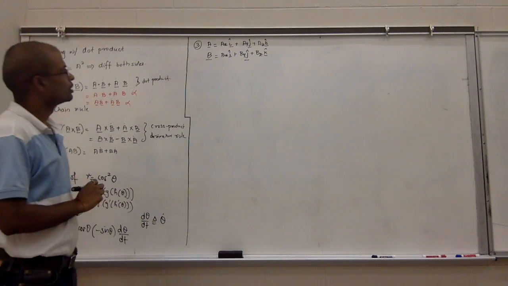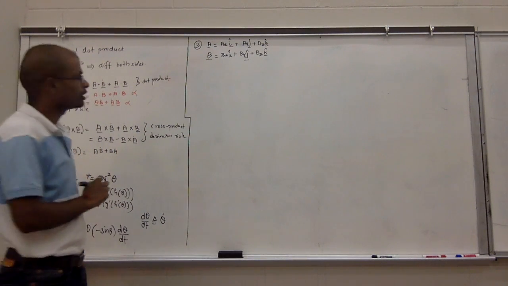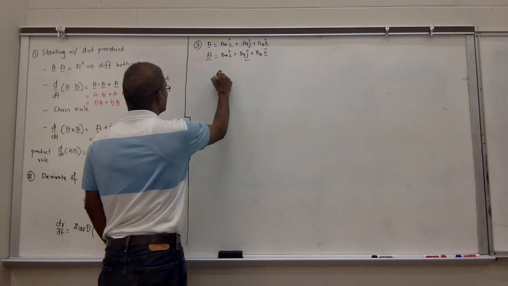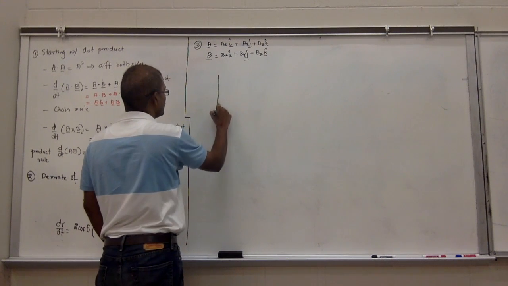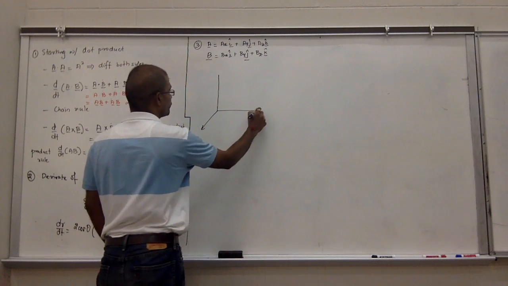When you're given something like this, the first thing you should understand is these vectors A and B. This is what you should visualize.